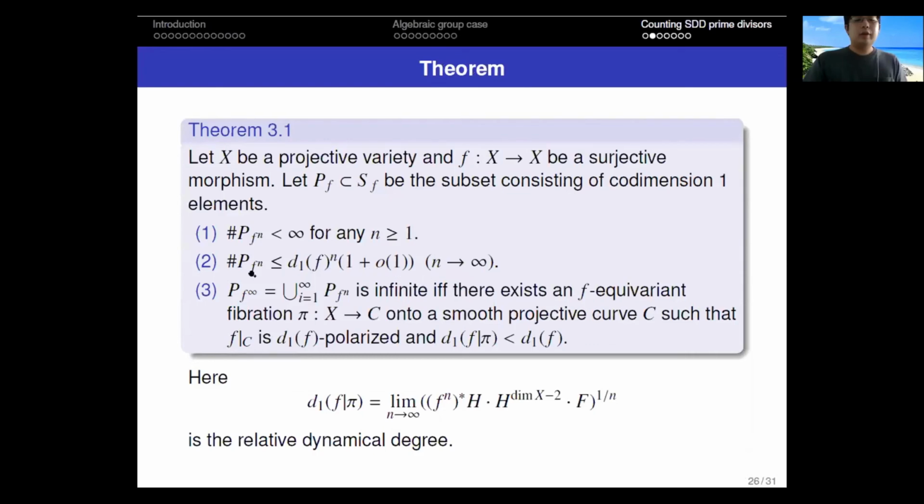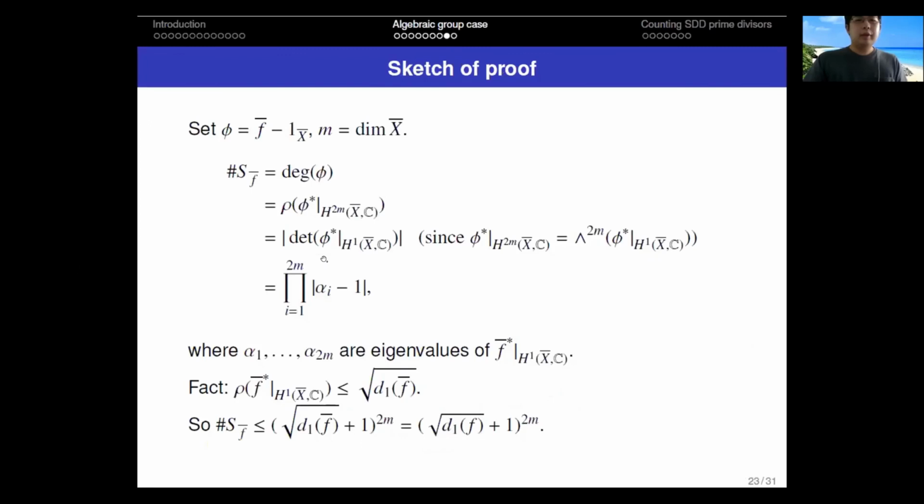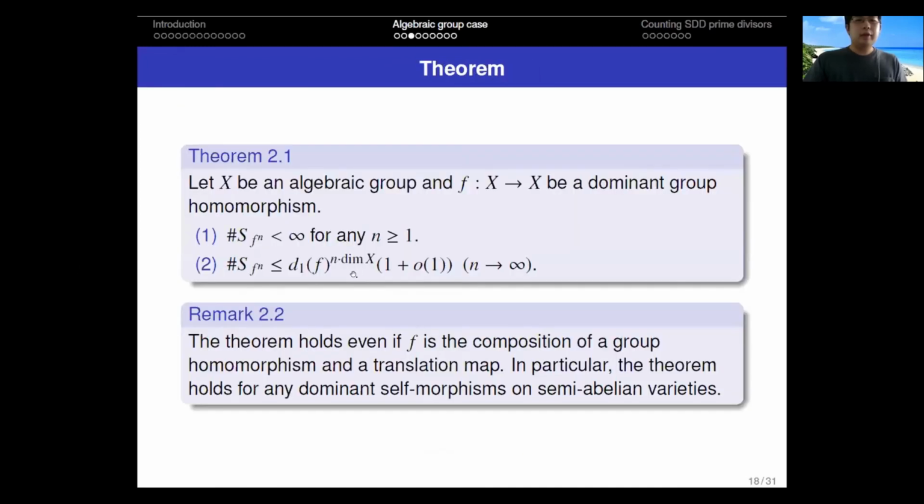So here PF is bounded by D1 to the power N, but the general one is conjectured to be bounded by N times dimension X. So in the higher codimensional case, we can conjecture the bound of, say, codimension R elements by D1 to the power N times R, N times codimension, probably.